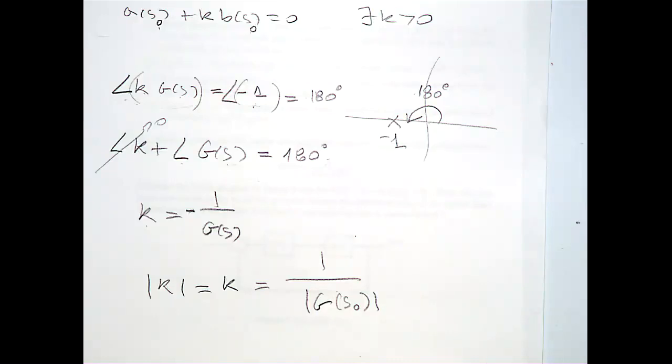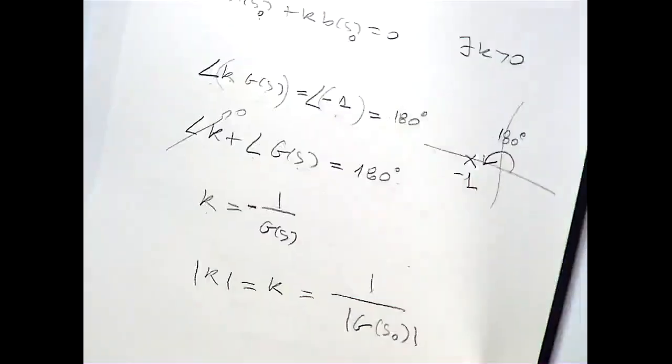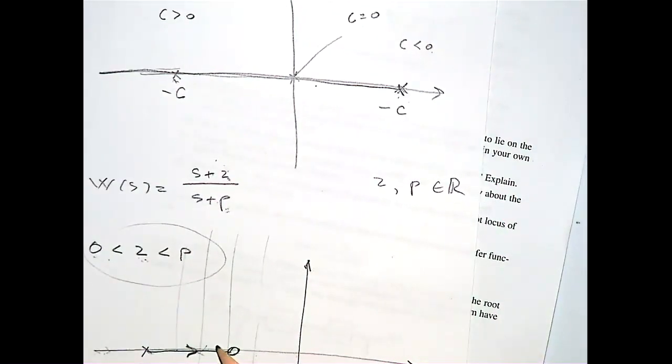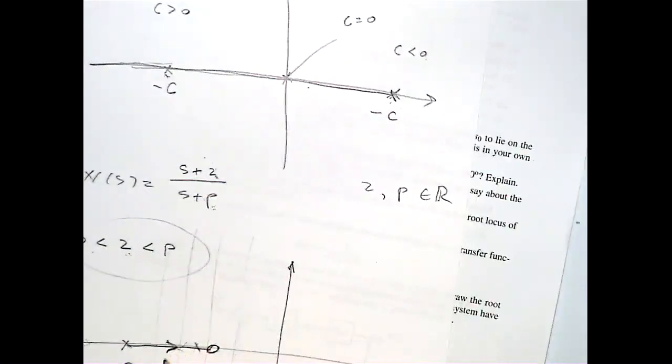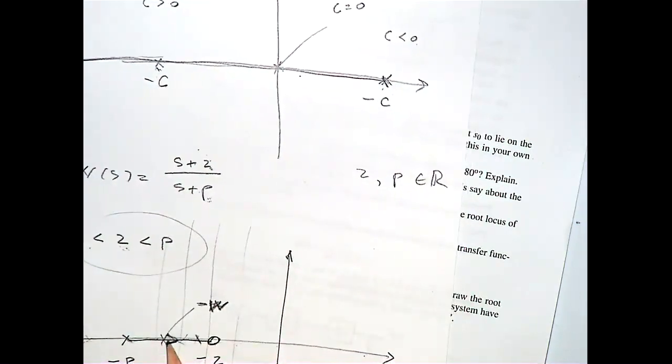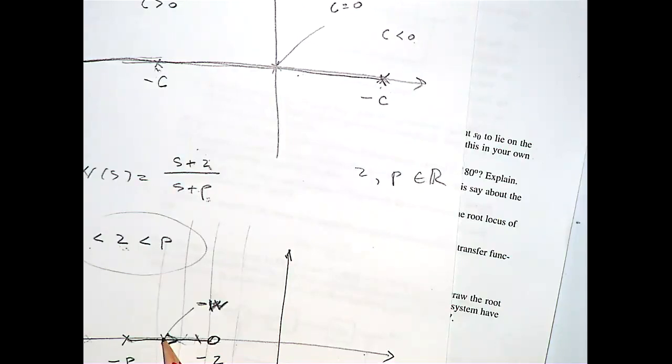Let's go back to some of our examples. If I ask what gain corresponds to a point here, which is maybe minus W, I pick a point and ask what gain K corresponds to it.